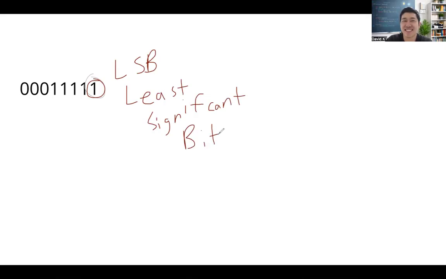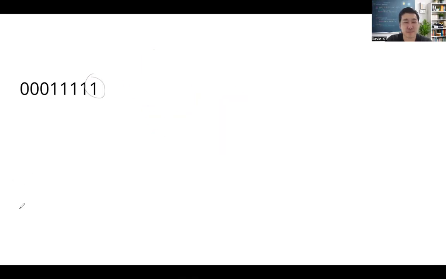Okay? LSB, least significant bit. Now, if that's the LSB, what do you think this one is? That's right, it's the MSB. So if LSB stands for least significant bit, what does MSB stand for? Most significant bit. That's right.